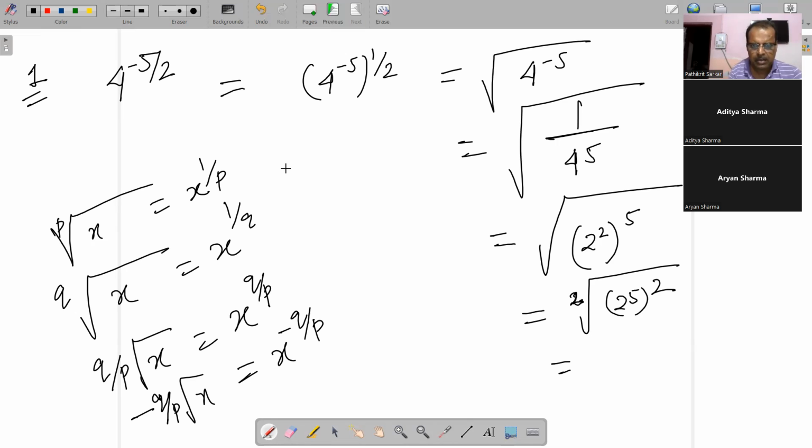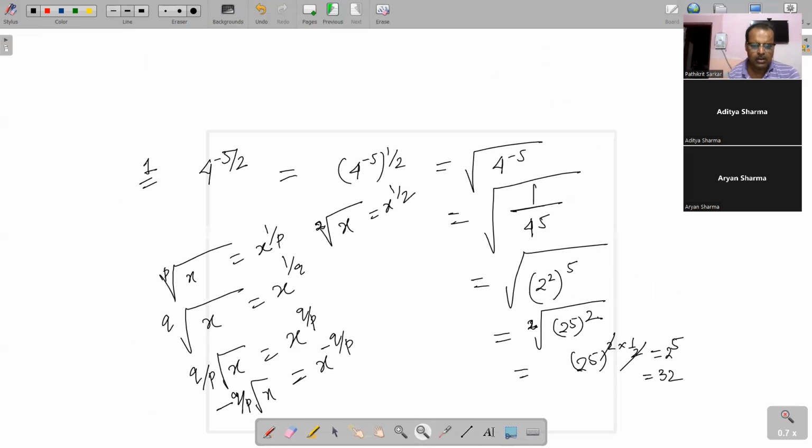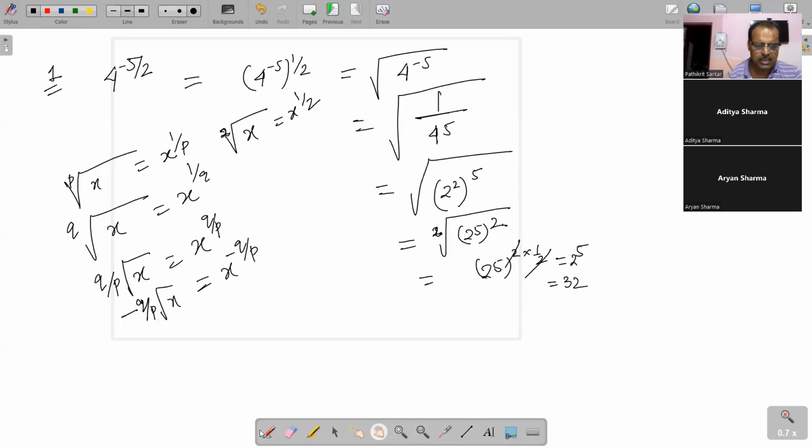But if you write just the root of x, that means it is x to the power half. So whether you write 2 or not, it is the same. So it comes down to this. Ultimately you can write 2 to the power 5 into 1 by 2. So the 2 is cut, it comes down to 2 to the power 5, which is equal to 32. So this is the way we can present these things.